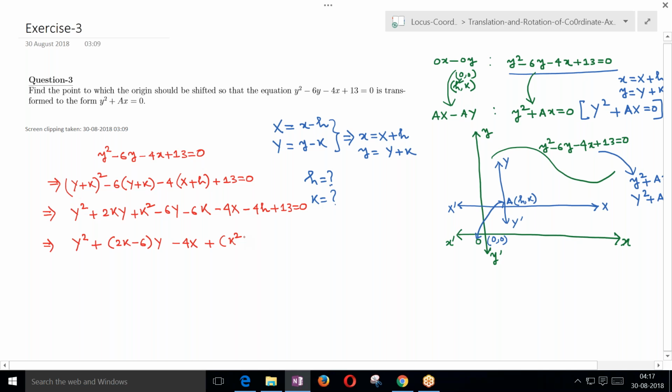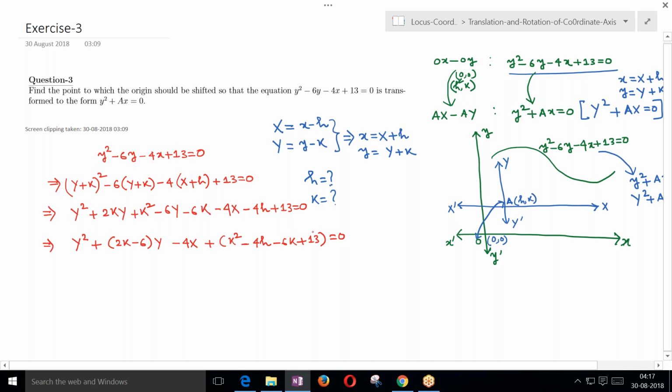Yeah, I got one answer. Yeah, Anaga, let me do it. Let me not reveal whether it is correct or not. So k square minus 4h minus 6k plus 13 is equal to 0.